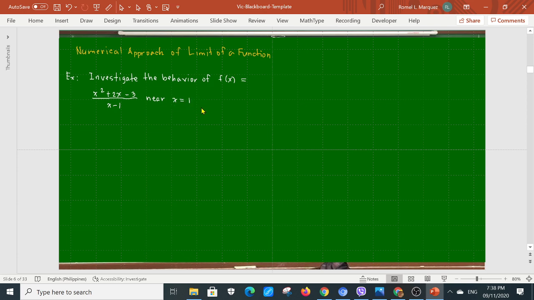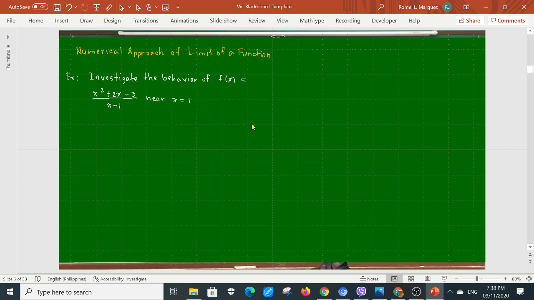Will it get far, or will it be going to a number? Near x equals 1, if the function gets far, meaning it's going to positive infinity or negative infinity. So, near, far, numerically.